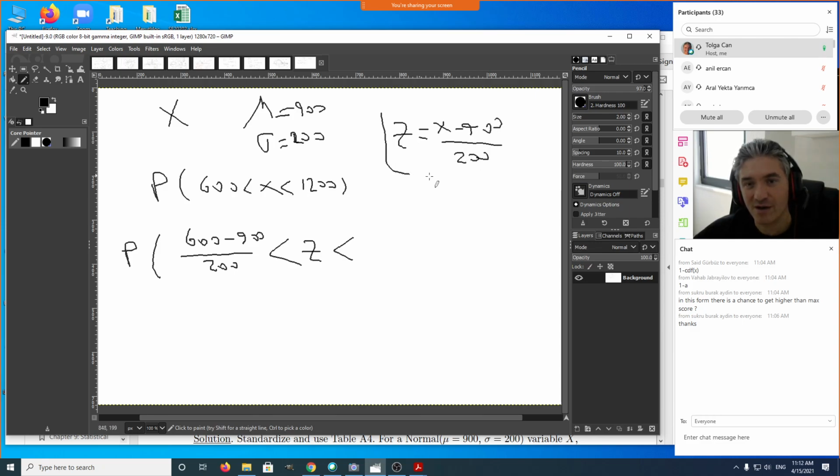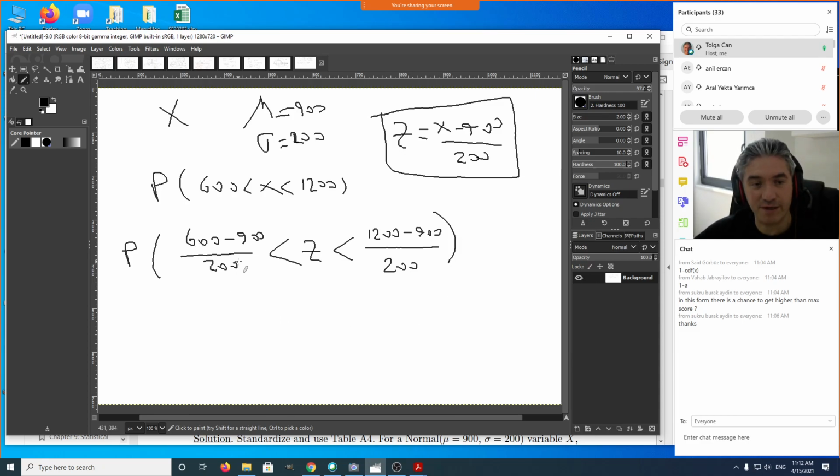This is our standardized variable. And the values that we're asked about, we need to standardize as well. So this is going to be minus 300, so minus 1.5, which is 1.5 standard deviations below the mean. And this is 1.5 standard deviations above the mean.